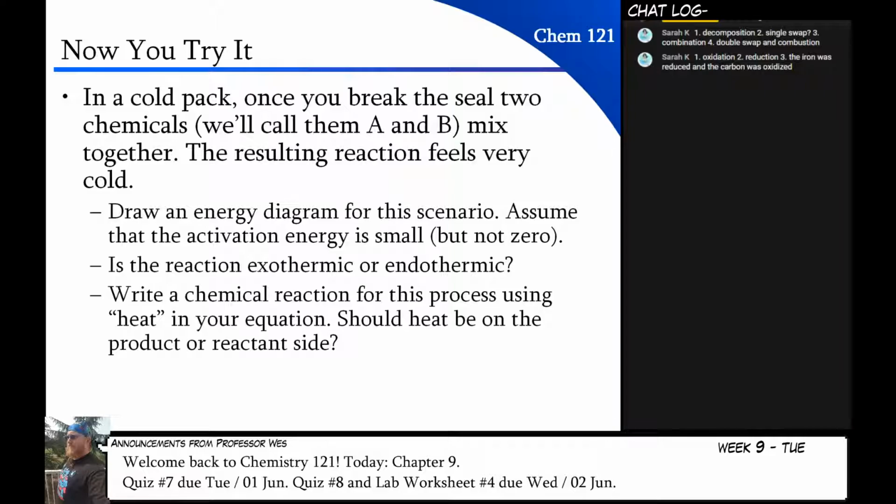Where does the heat go? Draw the activation energy diagram. I'm going to give you 3 or 4 minutes to draw that.